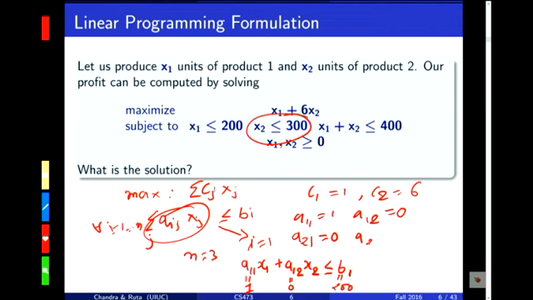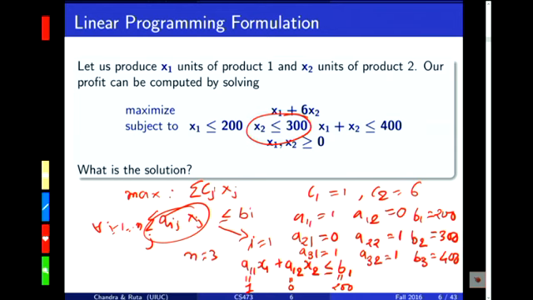So A22 is 1, right? And what is B2? What is the right hand side of the second constraint? So B2 is 300. Okay? B1 is 200. And what is A31? It's 1. A32 is 1. And B3 is 400.